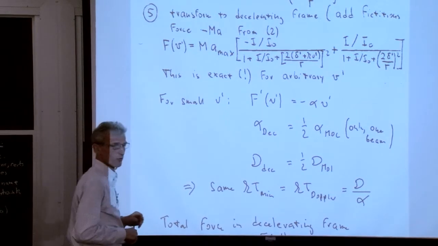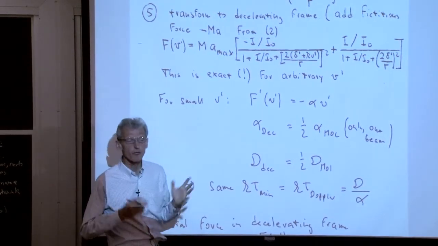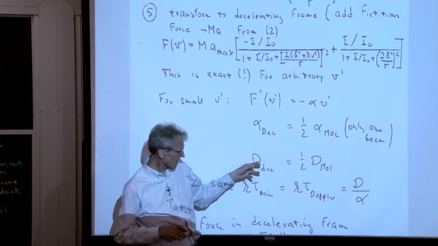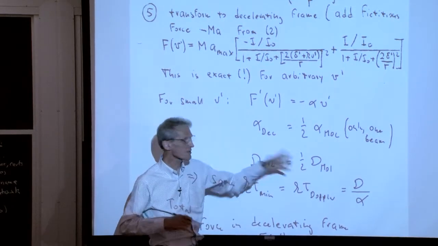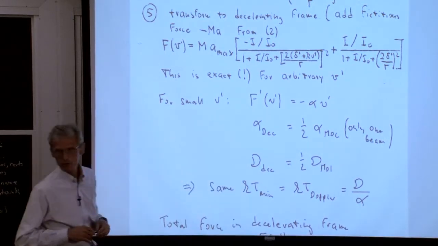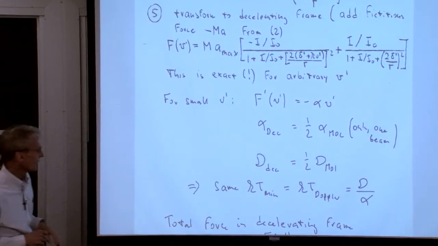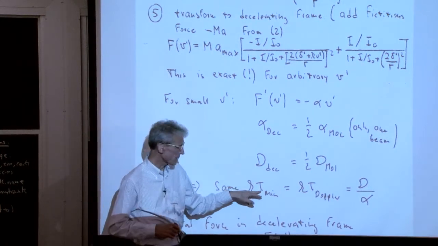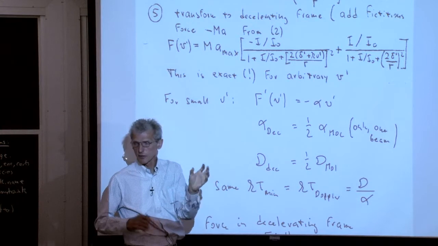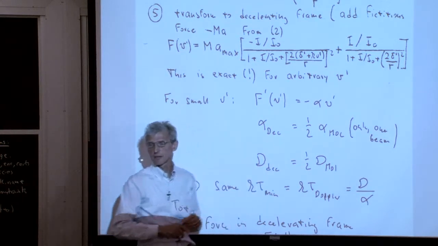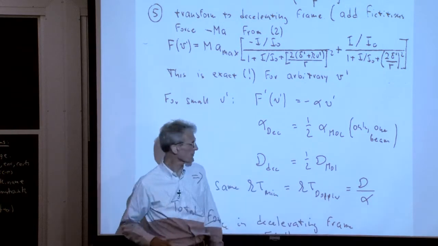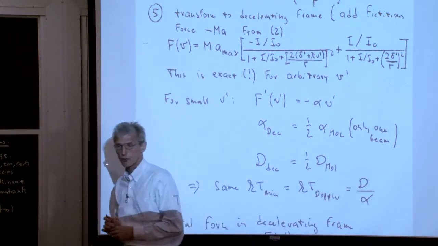If you ask what is the heating, well, if you have 1 laser beam and not 2, the heating described by the momentum diffusion coefficient is also just 1/2. One beam heats exactly half of what we got for 2 beams. And therefore, the temperature, which characterizes the width of the velocity distribution in the frame of the decelerating atoms, is exactly the Doppler temperature we had before, because the 2 factors of 1/2 cancel.